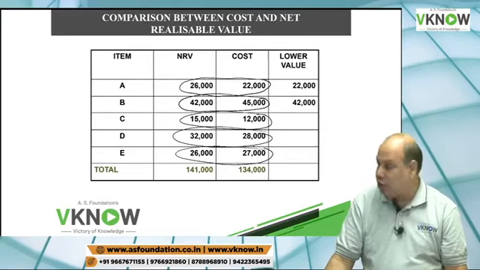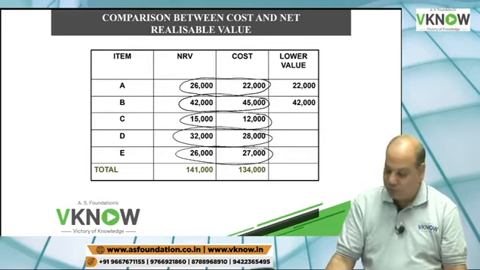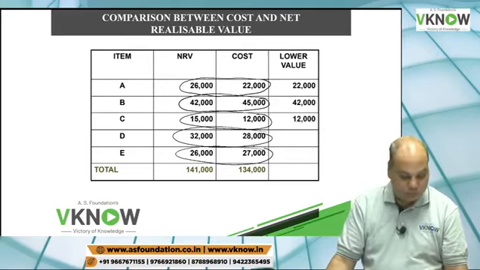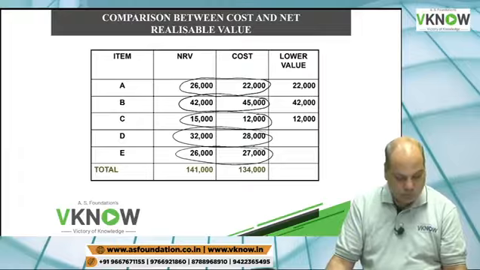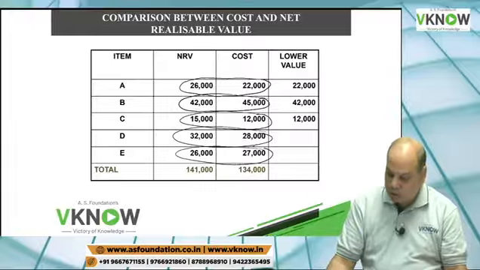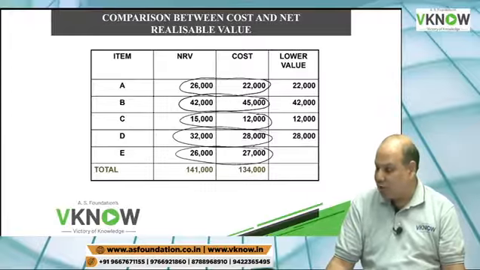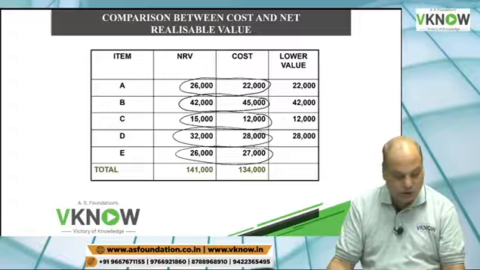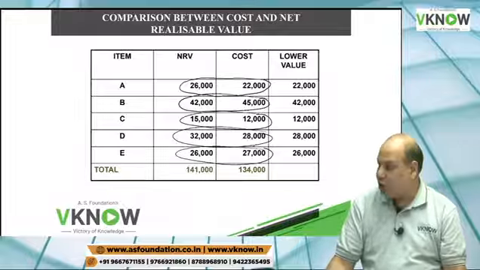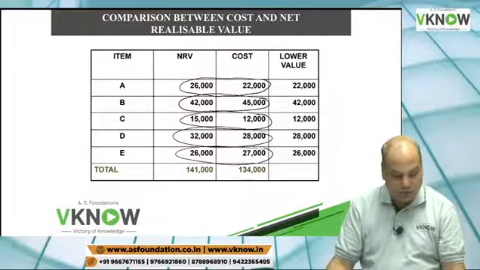For B, lower of the two, 42,000. For C, 12,000. For D, lower of the two, 28,000. And for E, lower of the two, 26,000.